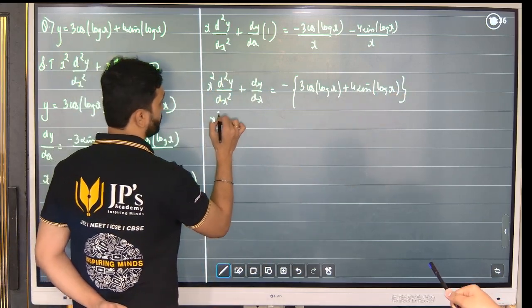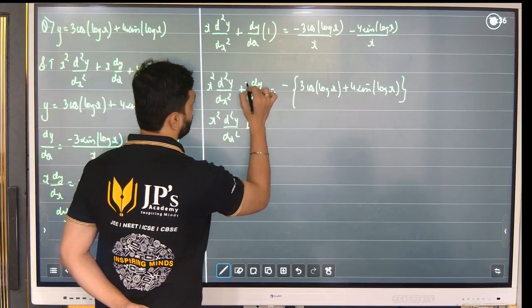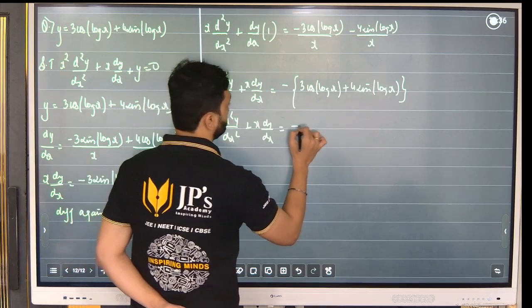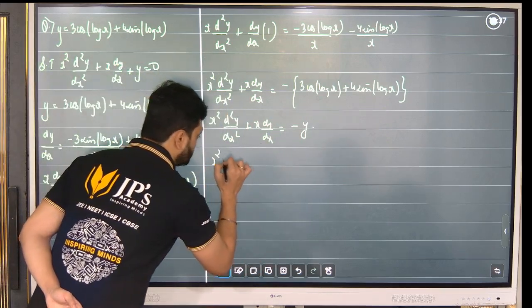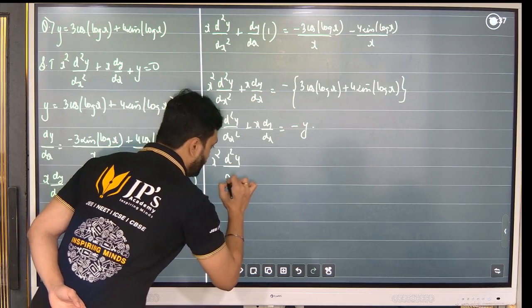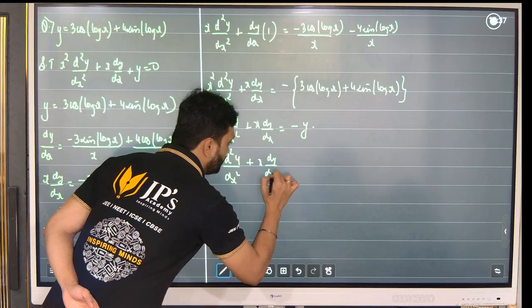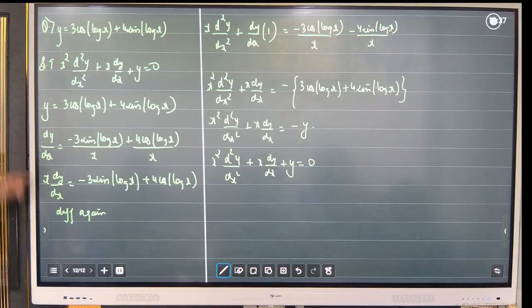Therefore, x square d square y by dx square plus x dy by dx is equal to minus y. Therefore, x square d square y by dx square plus x dy by dx plus y is equal to 0.